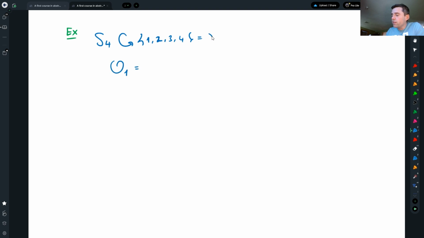If this is X, the orbit of 1 is all of X. What is, for example, X of (1 2)? These would be the elements in X that are fixed by the permutation (1 2). The permutation (1 2) sends 1 to 2 and 2 to 1, but it fixes 3 and 4. So these are the elements 3 and 4.